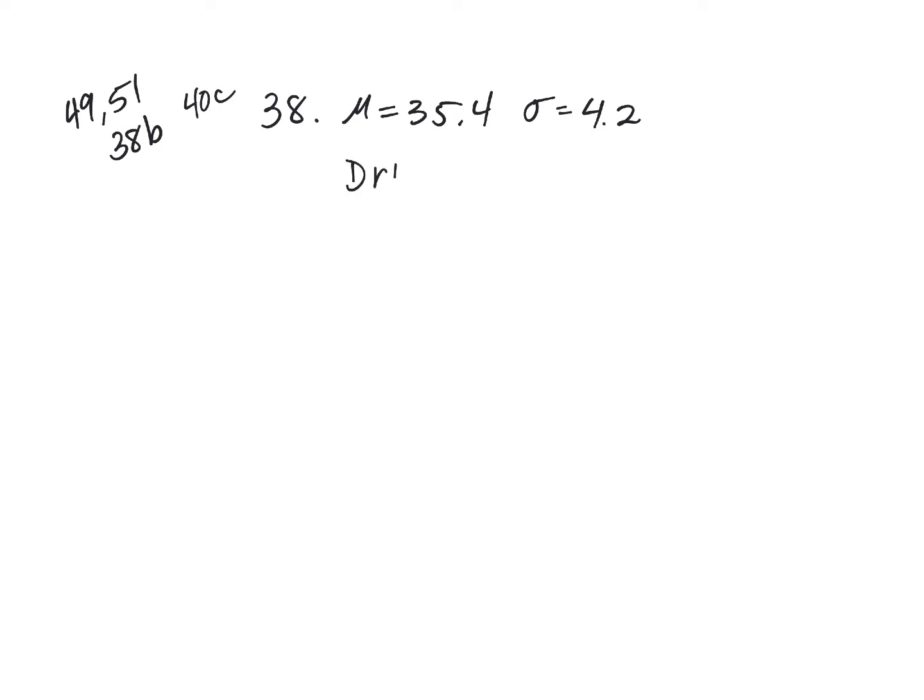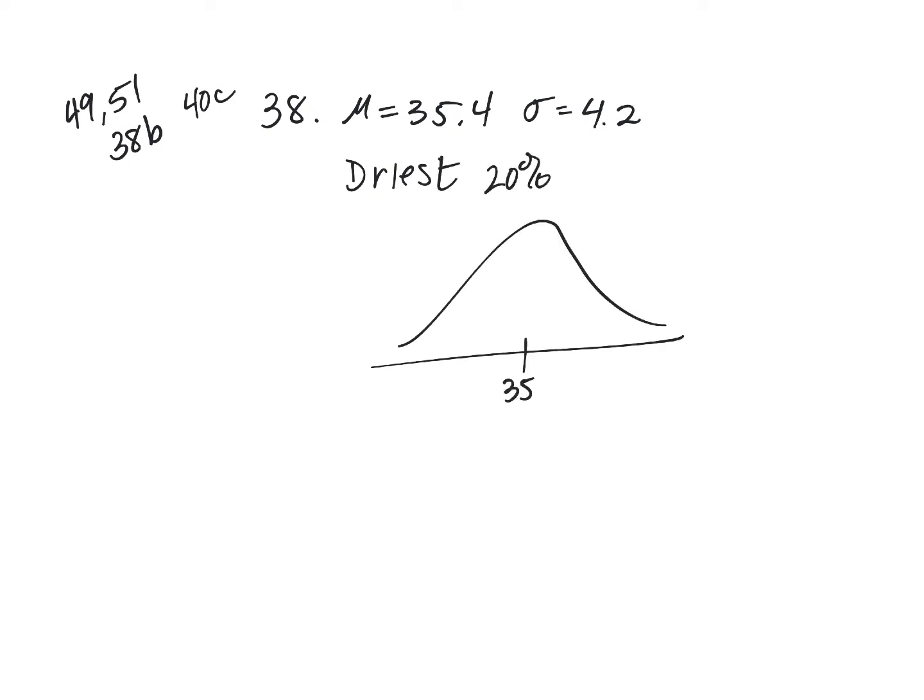So the driest 20%. If I look at a normal model, that's going to be this lower 20%, right? Dry would be small amounts of rain, right? Wets, the wettest 20%, would be the more rain. So we're looking at the lower 20%.